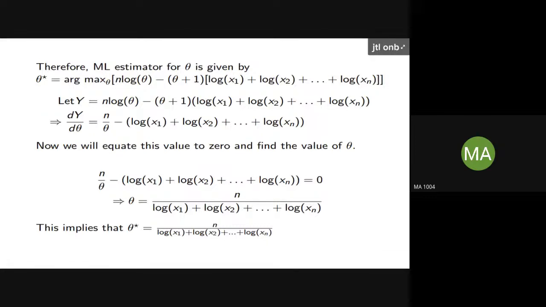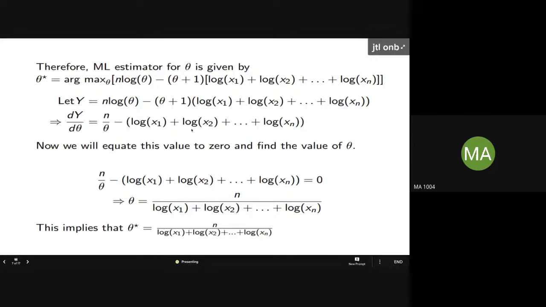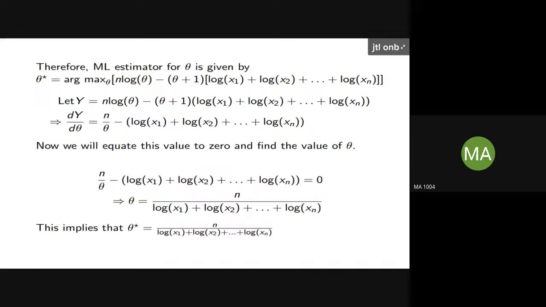So 1 times log x1 plus log x2 plus and so on log xn. Now you have to equate it to 0. If I equate it to 0, I get theta equal to n divided by log x1 plus log x2 plus and so on log xn. Okay, so this log is log to the base e.